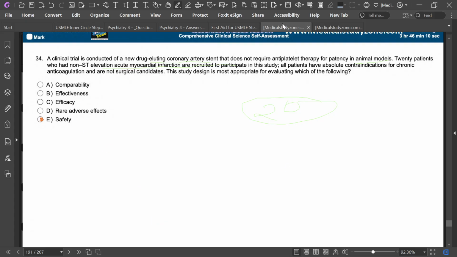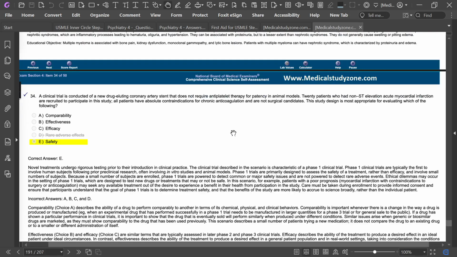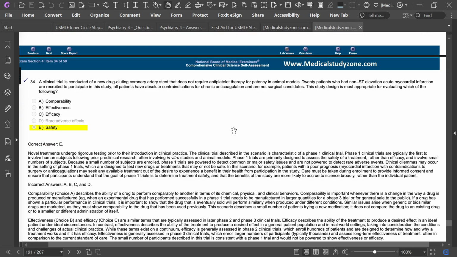Yes, please. Novel treatments undergo rigorous testing prior to their introduction in clinical practice. The clinical trial described in the scenario is characteristic of a phase 1 clinical trial.